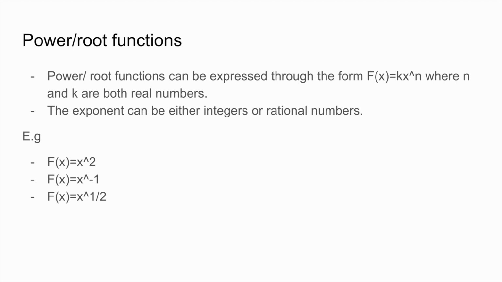For example, f of x equals x squared, or f of x equals x with negative 1 as exponent, and f of x equals x with 1/2 as exponent, which is just the square root.